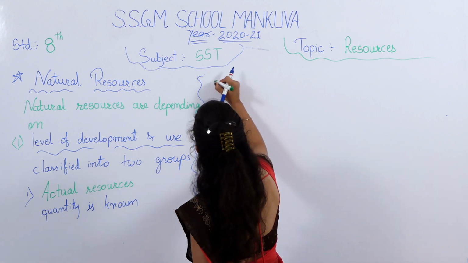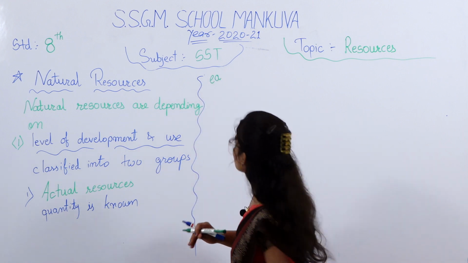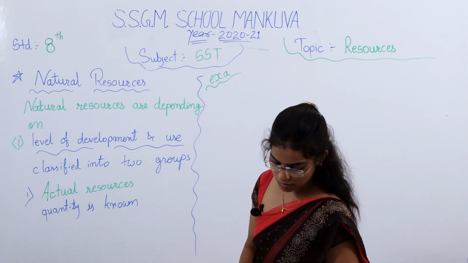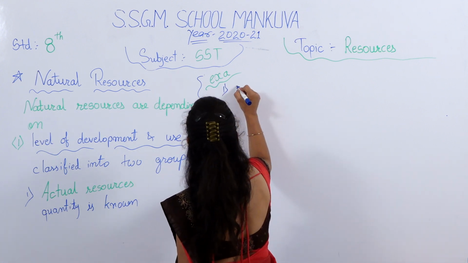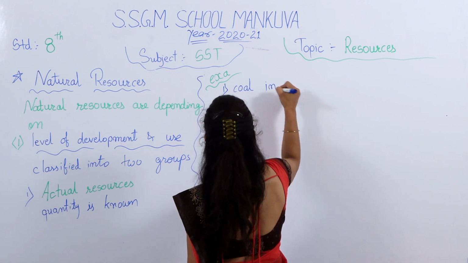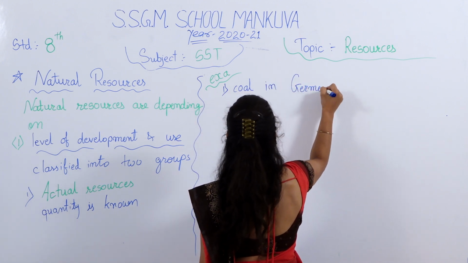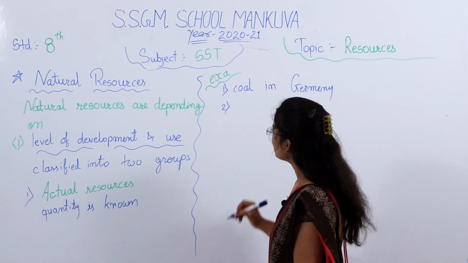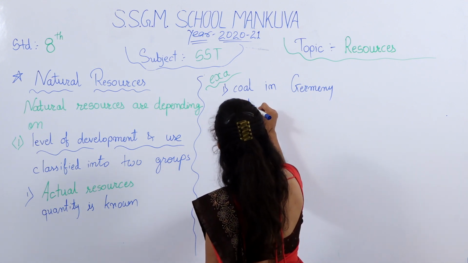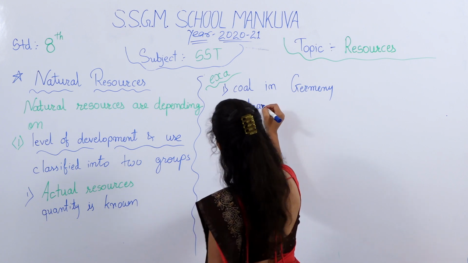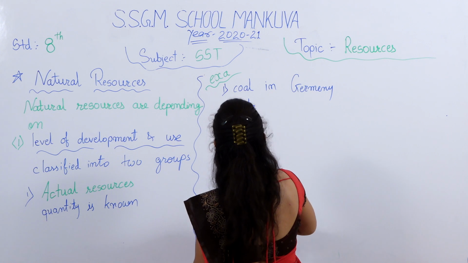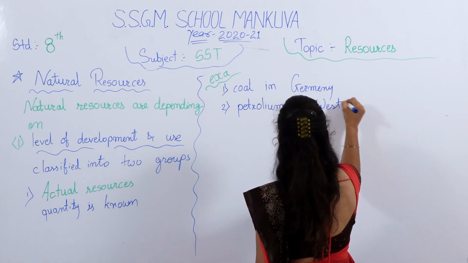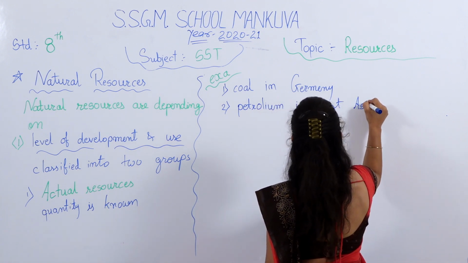For example, the first one, coal in Germany, then petroleum in West Asia.